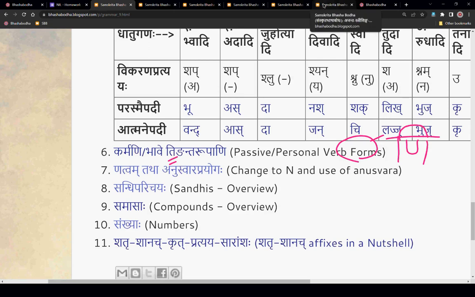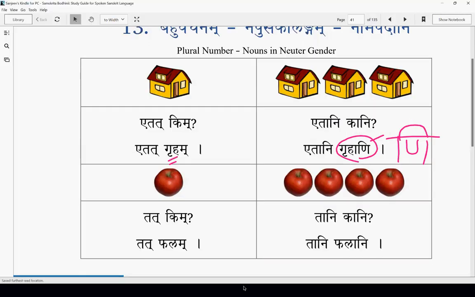If ru or ra is in the word, then sometimes na changes to na. What is when and when not, you can read through those notes. But just by looking at these words and practicing, you can understand.